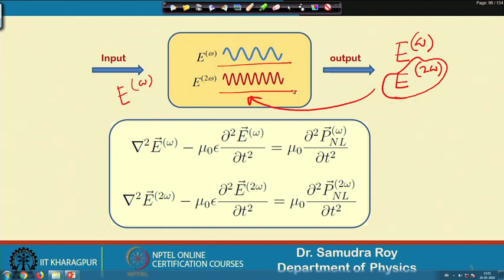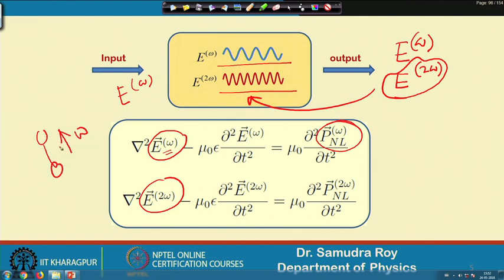Basically the equation is the same, the electric field component E omega and electric field component E 2 omega are different, but the equation is the same. For the electric field component E omega, what happens? The source term is P nonlinear omega, as I mentioned. So, when you launch the electric field, the dipole, if this is the dipole, will vibrate at frequency omega and start generating a field of omega.